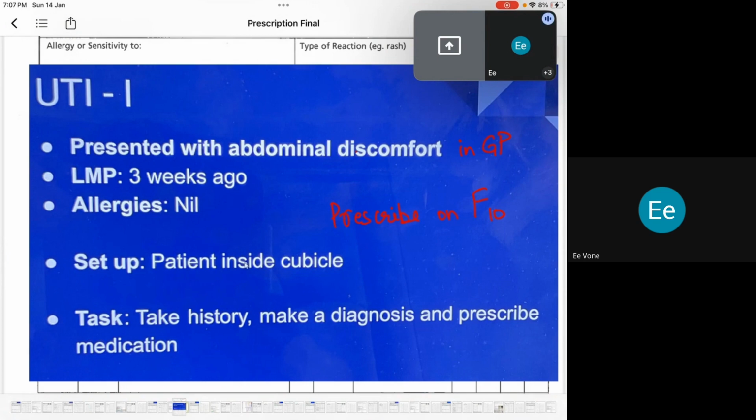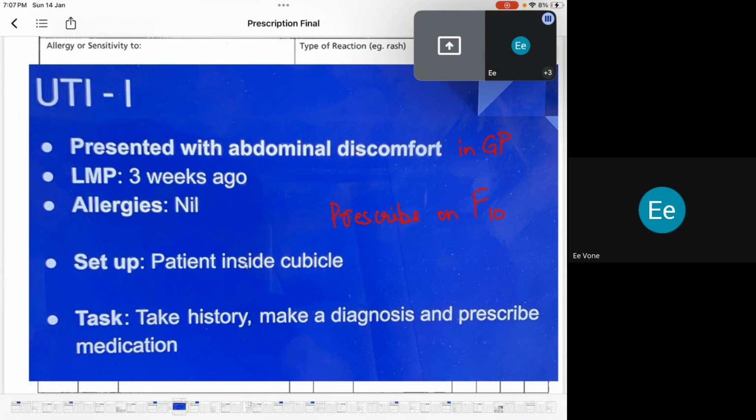Okay, I see. Do you notice any change in your urine color? No, doctor. Is there increased frequency of going to the toilet? I think so, doctor. Doctor, can you please prescribe me the medicines? Actually, I'm here just for my prescription.